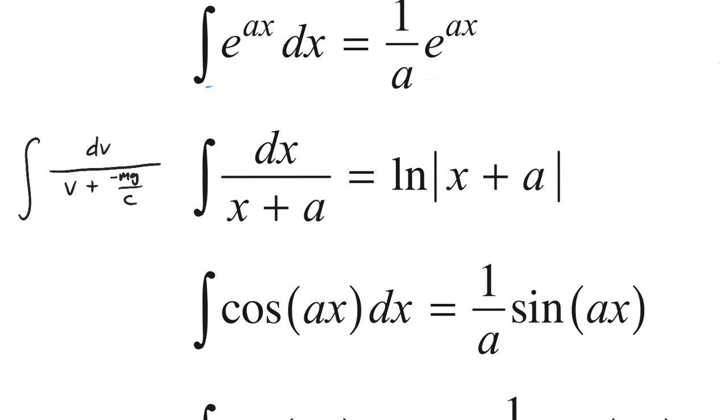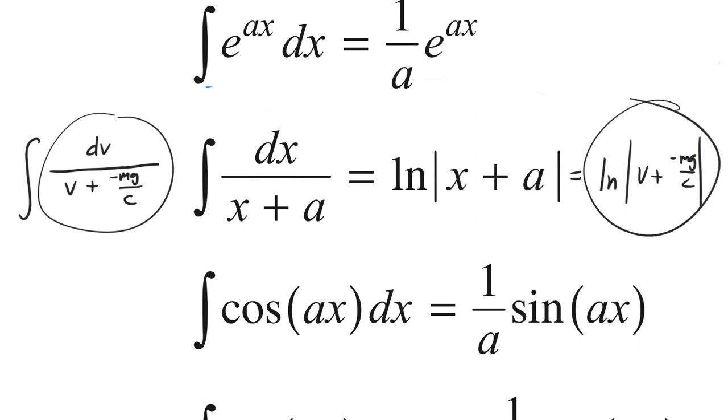And that suggests that the answer is going to be the natural log of v plus negative mg over c. Now, this isn't doing the integral. All it's giving me is the antiderivative. So it's saying if this is my integrand, this is my antiderivative.